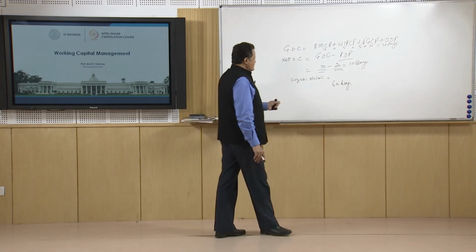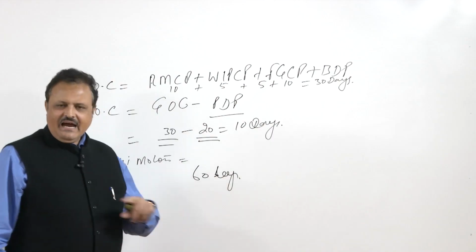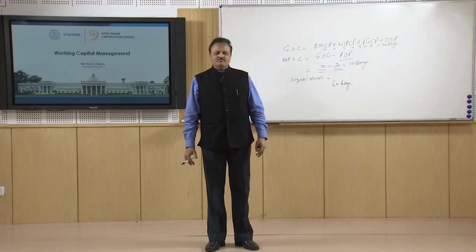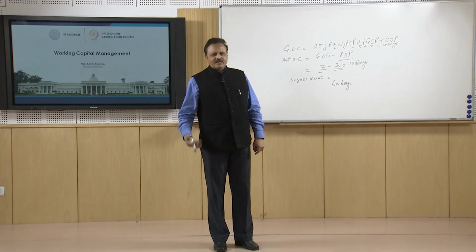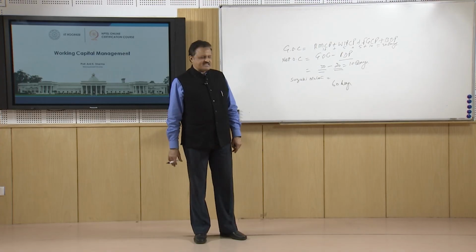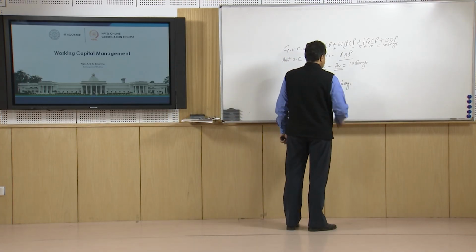Now, the total payment deferral period in this case for Maruti is 60 days, and for example, in this case they get a nod from all the suppliers, steel, glass, rubber parts, wheels, tires, everybody is ready to give Maruti a credit period of say 60 days.